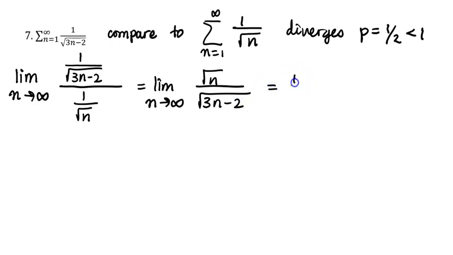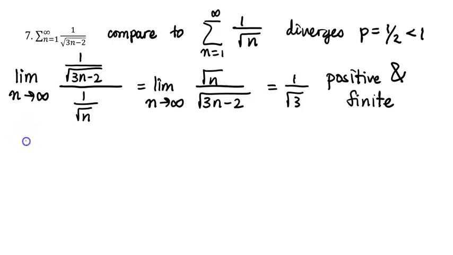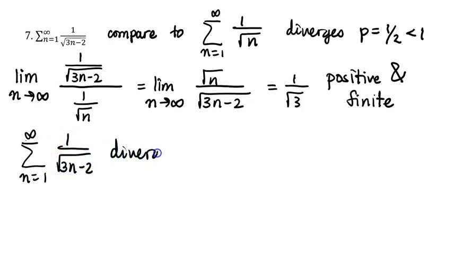Again, we have a case where the degrees match up, and so I will take the ratio of the leading coefficients to get an L value that is again positive and finite. So I can conclude that the series we started with must also diverge by the limit comparison test.